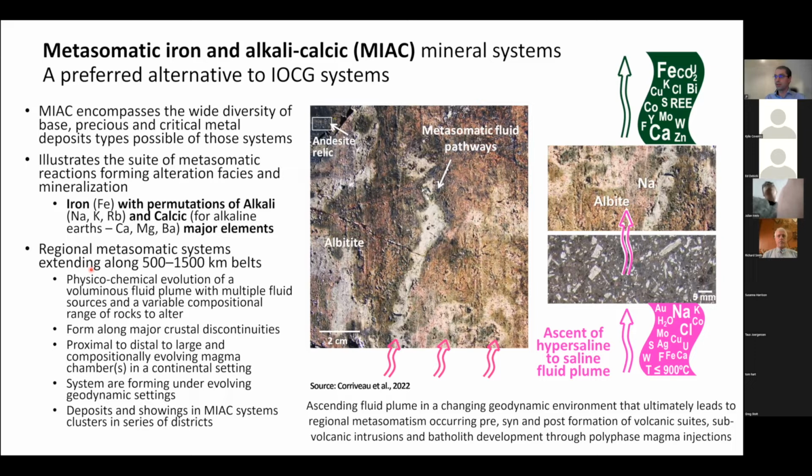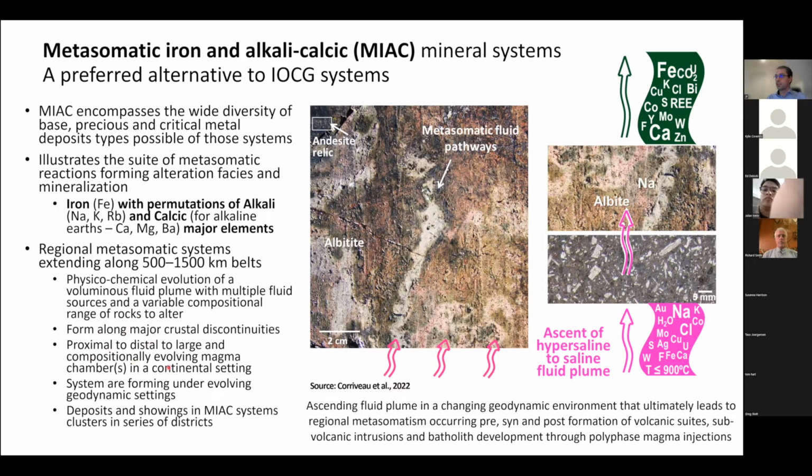And the interaction will depend on the composition and also the main permeability zones present in the geological province. These provinces affected by these metasomatic and alkali calcic hydrothermal systems are generally located along major crustal discontinuities. So having a contact zone between two terranes or two crustal blocks of different age is generally a good place to look.